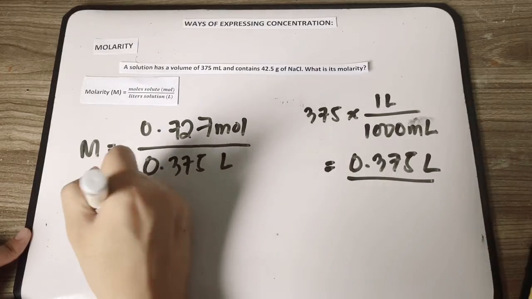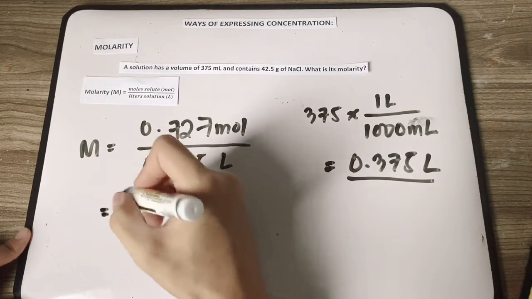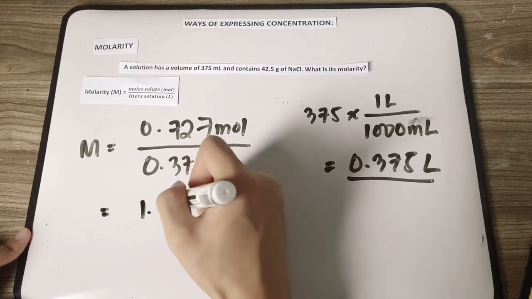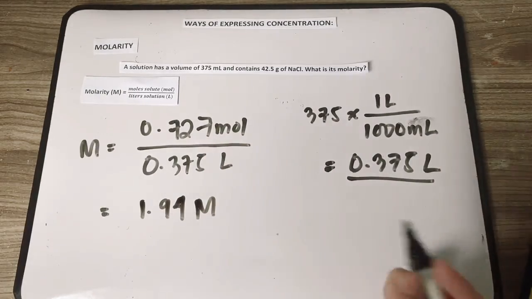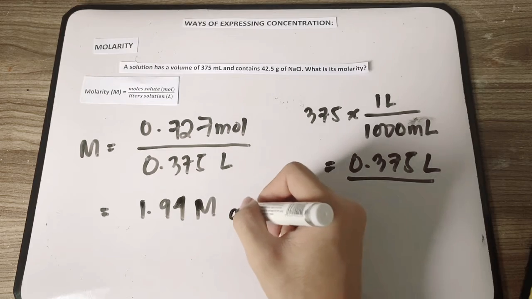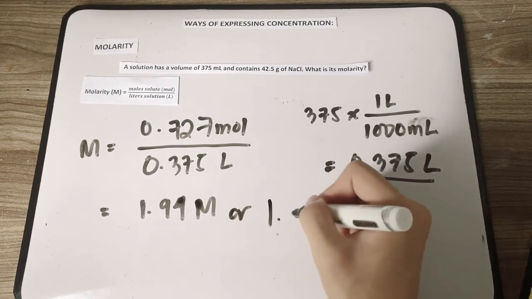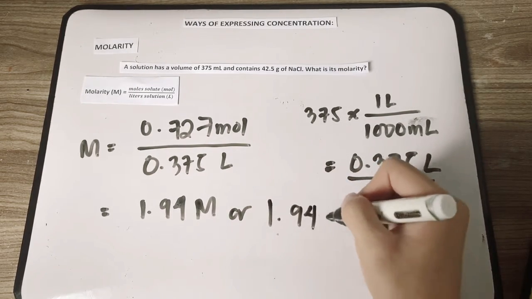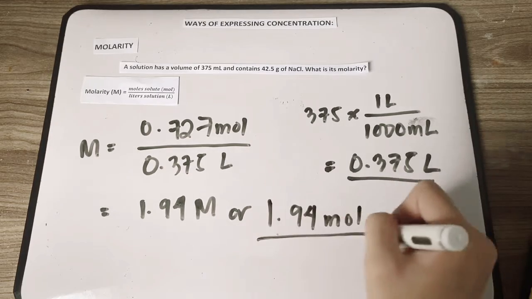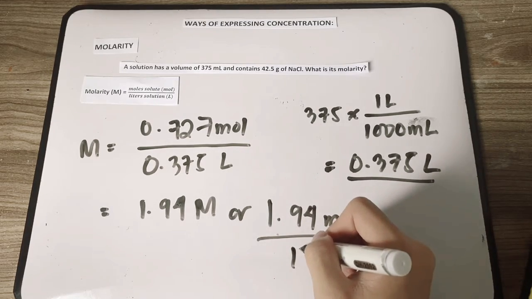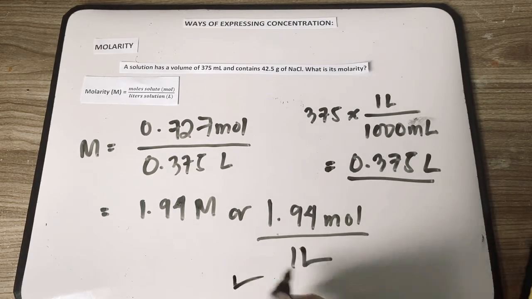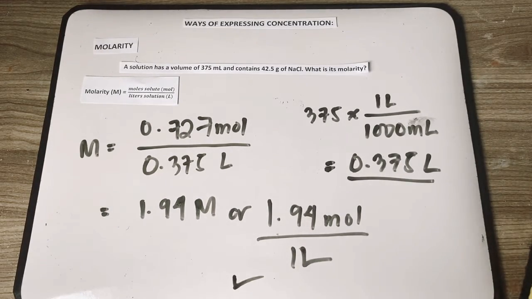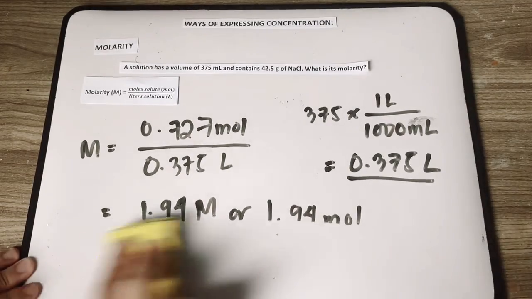And we're going to get the result, and it's 1.94 molarity. So don't forget that it can be written or known as 1.94 moles per 1 liter. So either of the two answers is correct. So let us now move on.